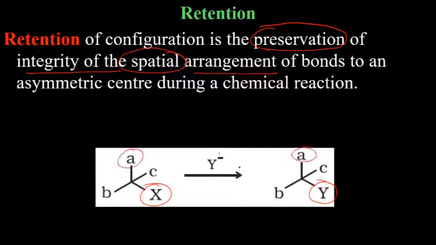A is at the same place, C is at the same place, B is at the same place, just Y replaced X. In case of SN2 mechanism, it was inverted when OH replaced chlorine. So here it is not inverted, retention. And this will primarily happen in SN1 reaction. But not always. That's why we talked about racemization.